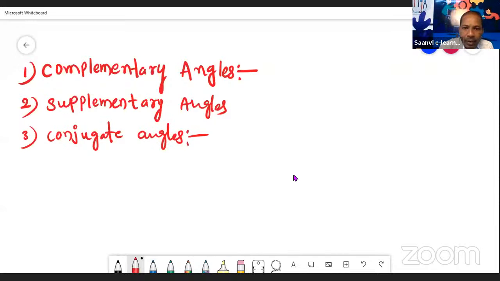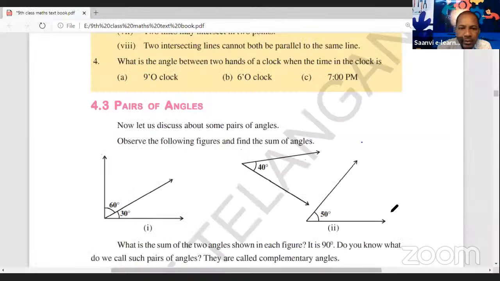So first of all, we have to discuss these three topics: complementary angles, supplementary angles, and conjugate angles. So first of all, complementary angles.